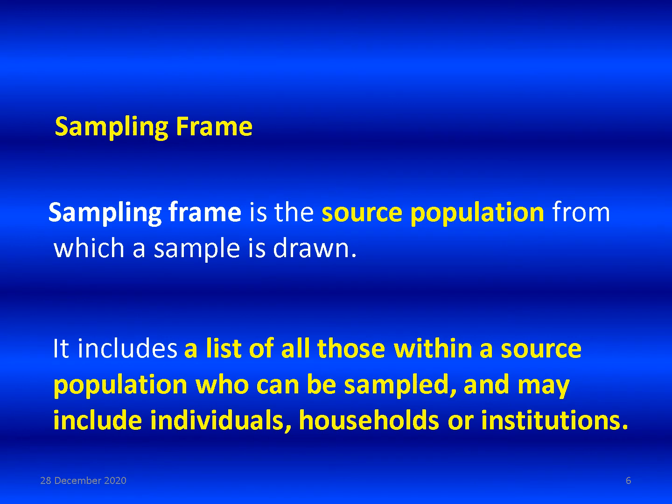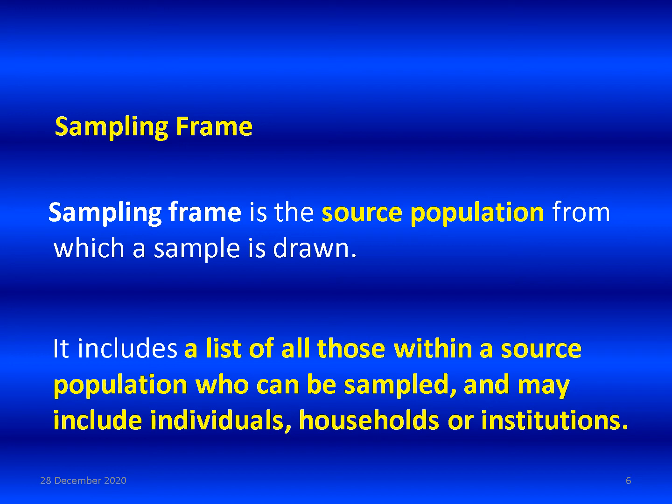Sampling frame is the source population from which a sample is drawn. Sample is a subset of sampling frame. Sampling frame is a subset of reference population. Understood? Sampling frame includes a list of all those within a source population who can be sampled, and may include individuals, households, or lists of institutions also.